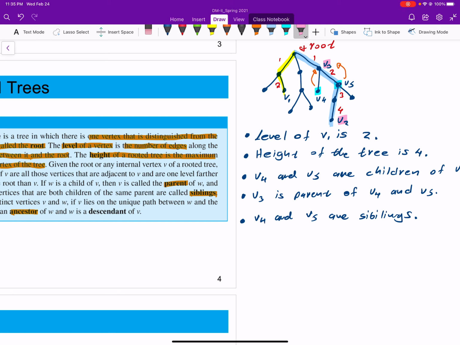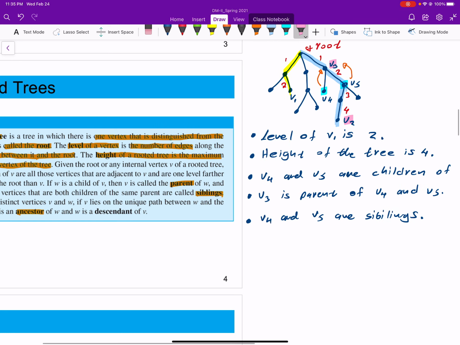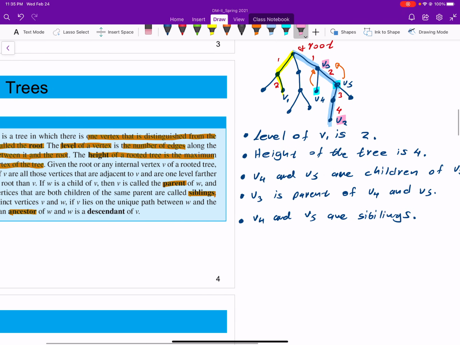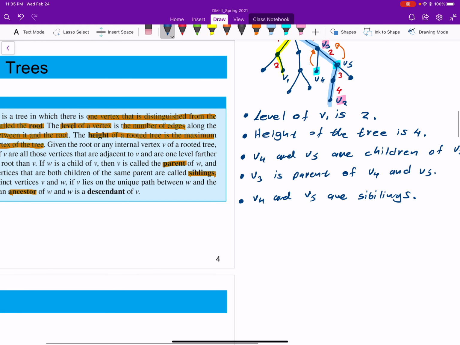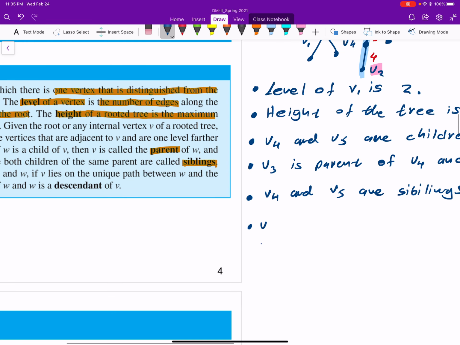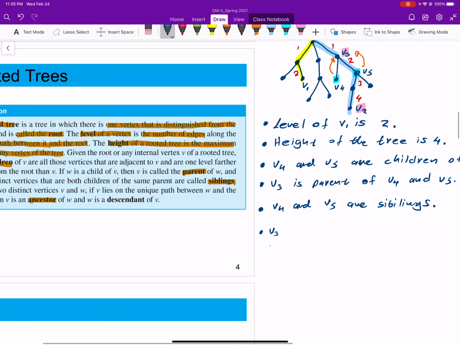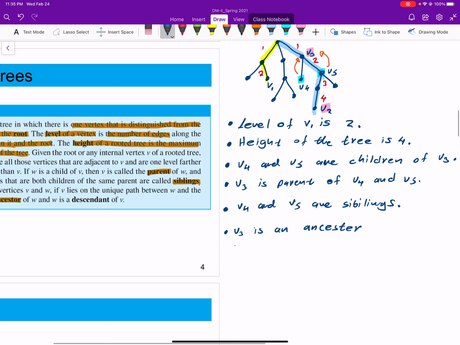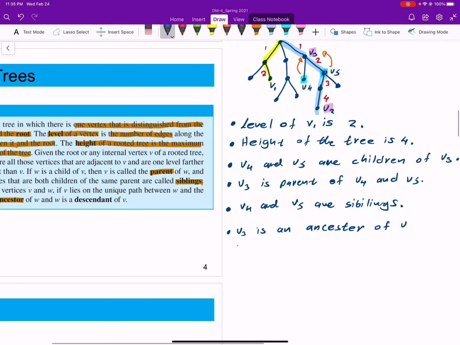All the vertices above a given vertex are known as ancestors. In that case, V3 is an ancestor of V2.